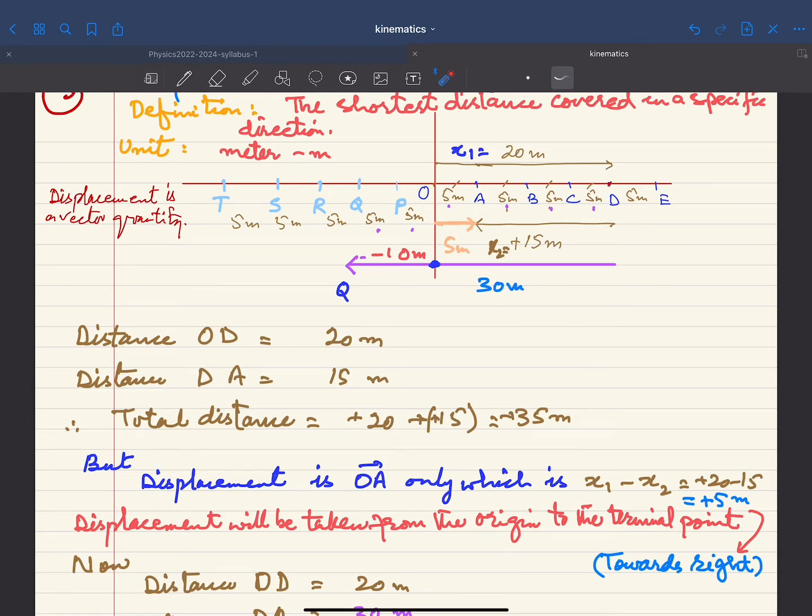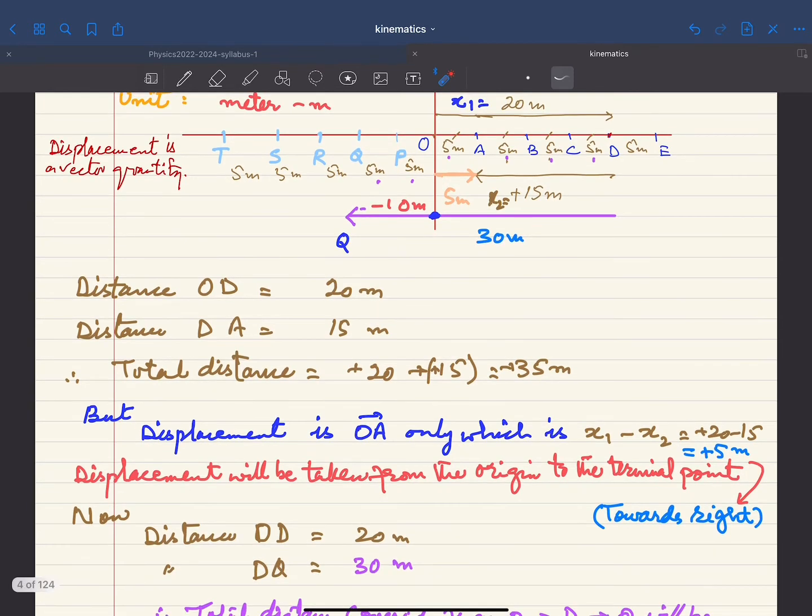No specific direction, only the magnitude. Yani you have covered the distance of 20 meter, and then this distance which is 15 meter. So the total distance will be 35 meter.